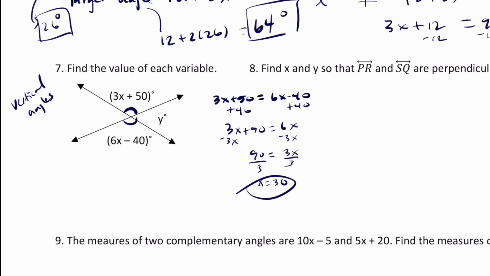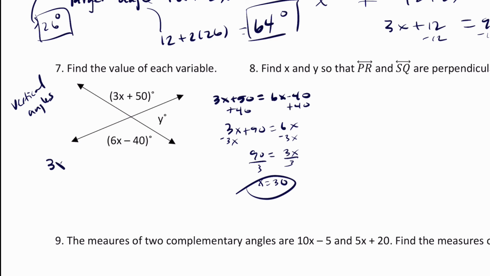Now I can go ahead and figure out what y is equal to. So notice that we have these two angles here, this angle and this angle, right? If you see those two angles and it creates opposite rays, we can say that those form a linear pair. So this plus this will set that equal to 180.